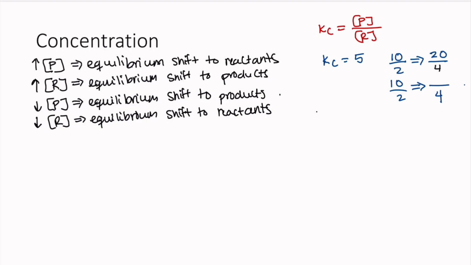Now you can increase concentrations by adding more reactants or products. When you're decreasing the concentrations, you usually don't take them out. It can be really hard to take something out of a chemical reaction. So a lot of times this can be done by a competing reaction.